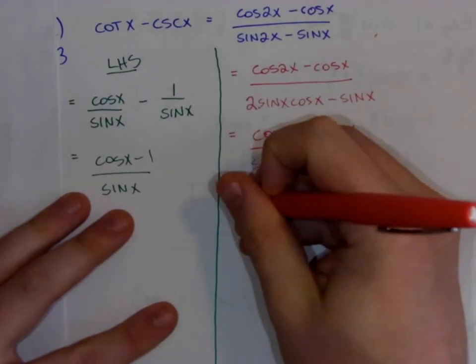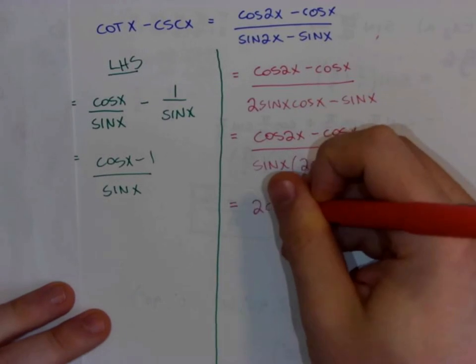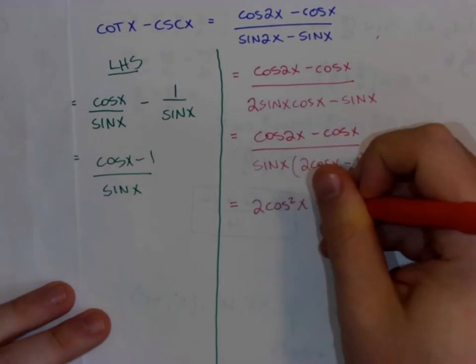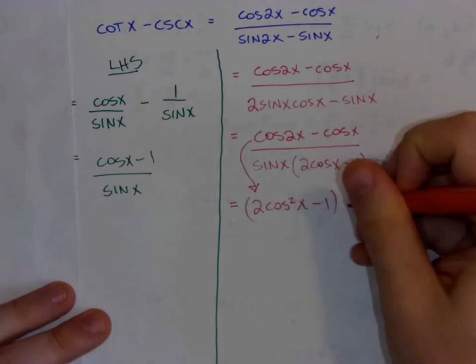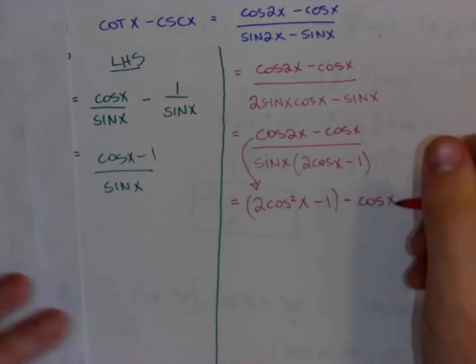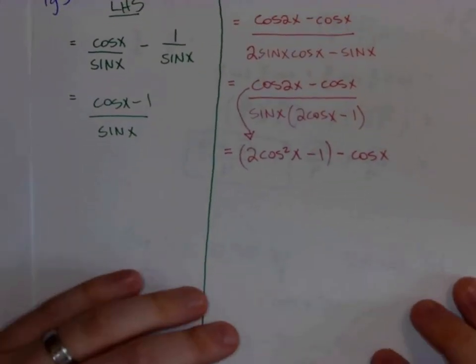So what I'm going to do is I'm going to take cos 2x is equal to 2 cos squared x minus 1. So that's this puzzle piece here, minus cos x. Okay, so again, I chose this formula here. So now everything in the numerator is in terms of cosine.